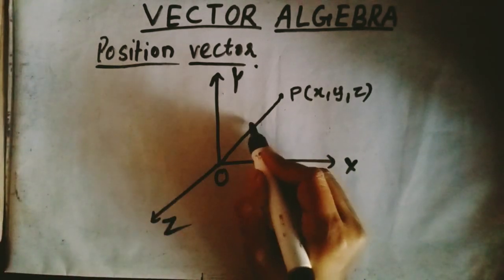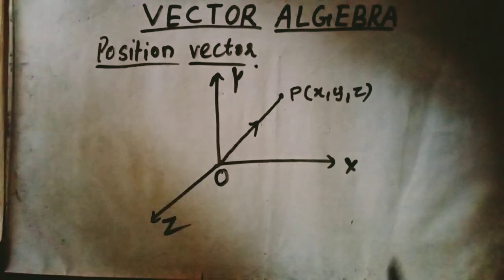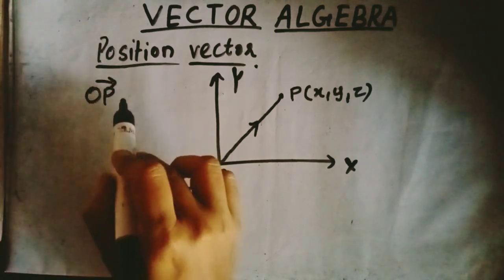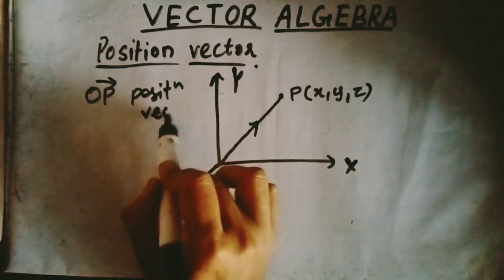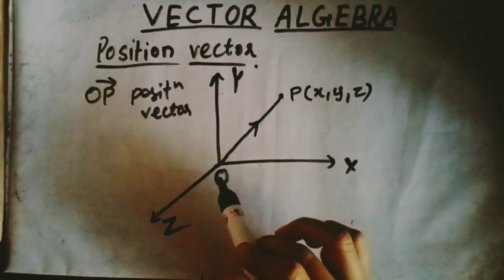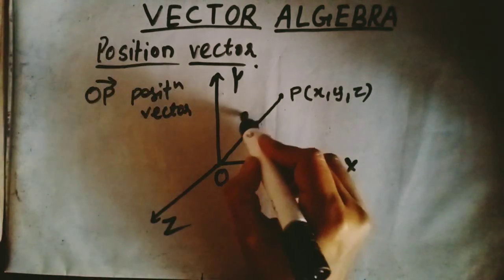This is our vector. So vector OP is your position vector, that is the vector of P with respect to O, or it is denoted by r.